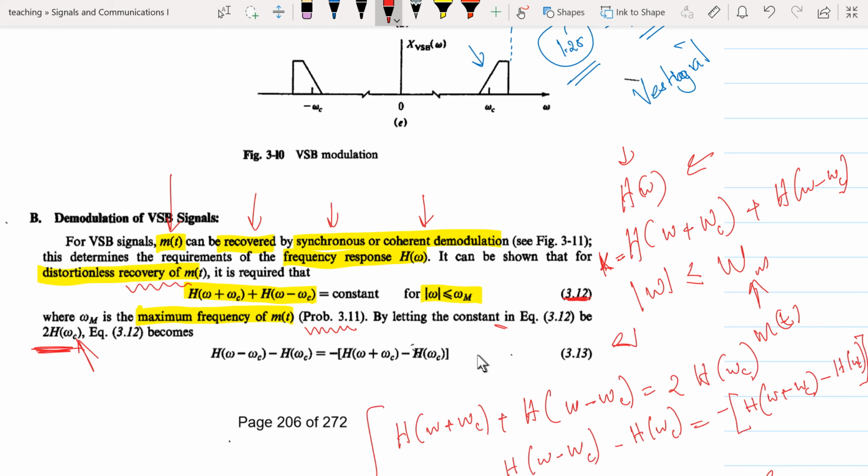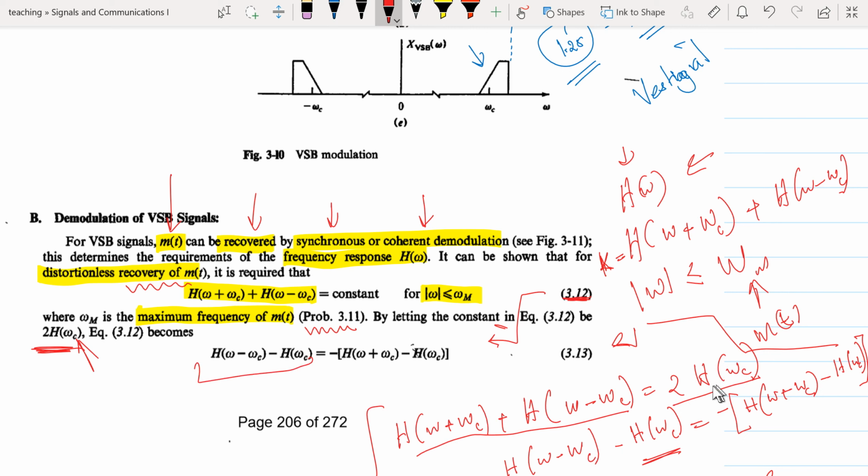And I have just brought in how we are achieving equation 3.13 from 3.12. You have set that equation 3.12, which is on the left, is equal to a constant on the right. So if you bring one of these H(omega c) terms to the left, it becomes a minus, and therefore the equation on the left is satisfied.